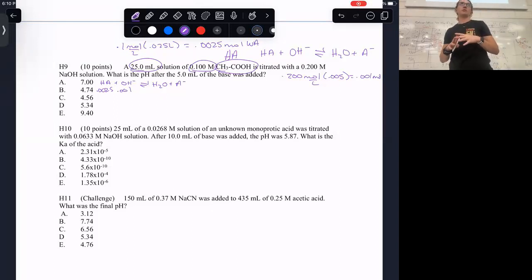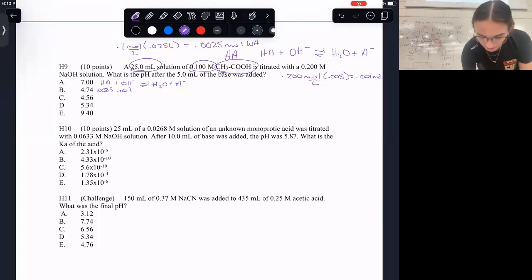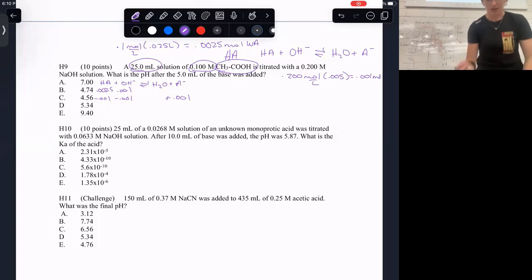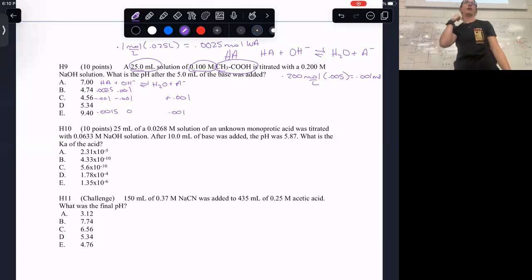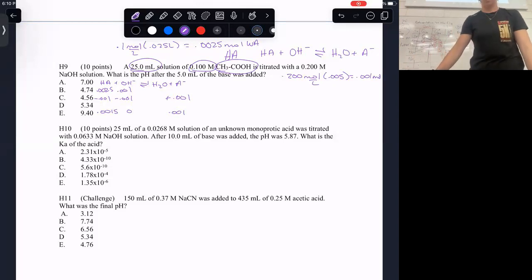Which one here is our limiting reagent? The OH minus. So all of our OH minus will be used up to form our conjugate base. So after the change, we end up having 0.0015 and 0.001 moles of our weak acid and conjugate base respectively.